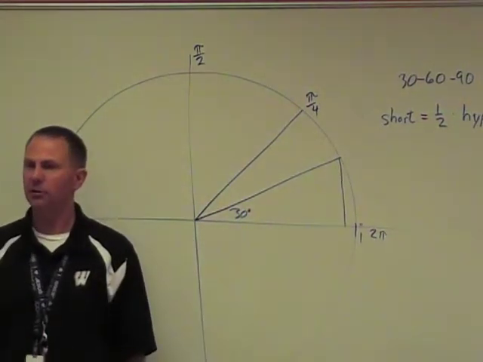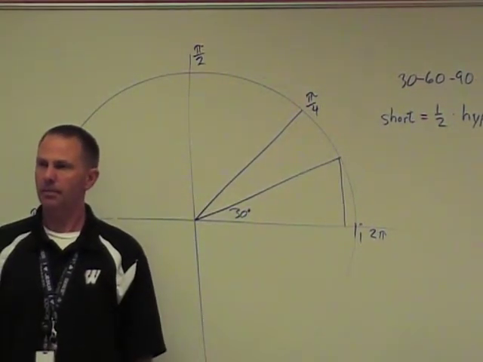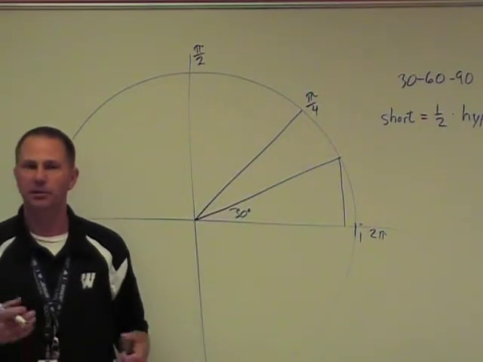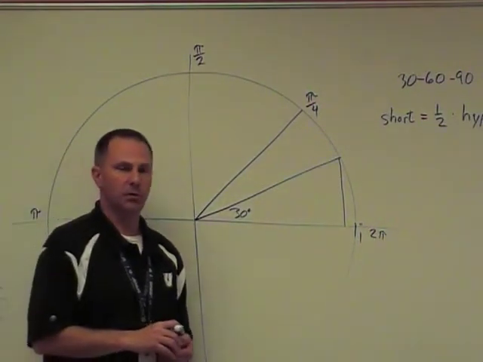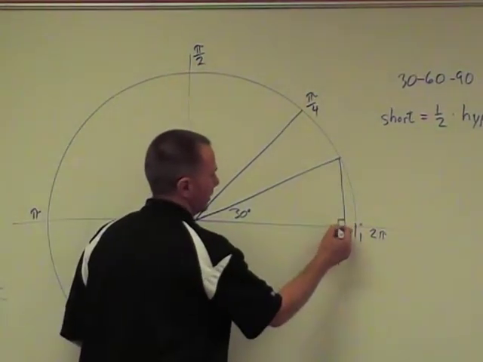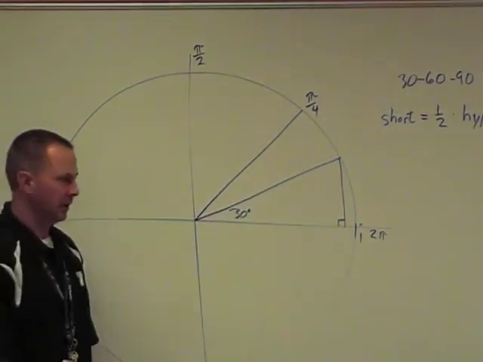What's my hypotenuse? It's a unit circle. What's my hypotenuse? 1. So how long is my short leg here? 1/2.